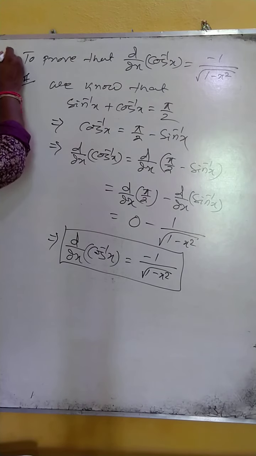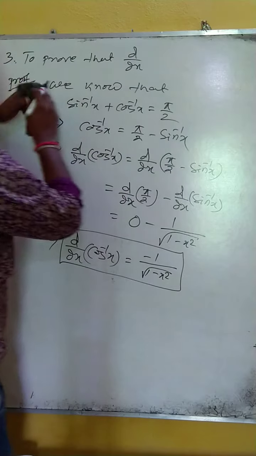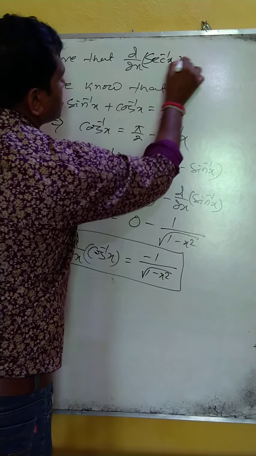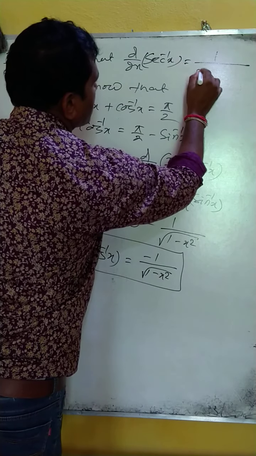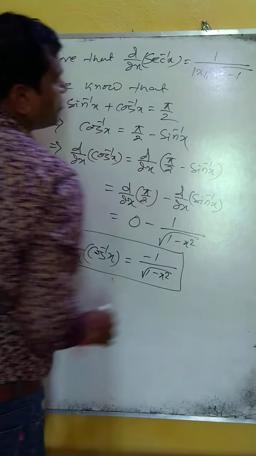Next, to prove that d by dx of sec inverse x is equal to 1 by mod x root over of x square minus 1.